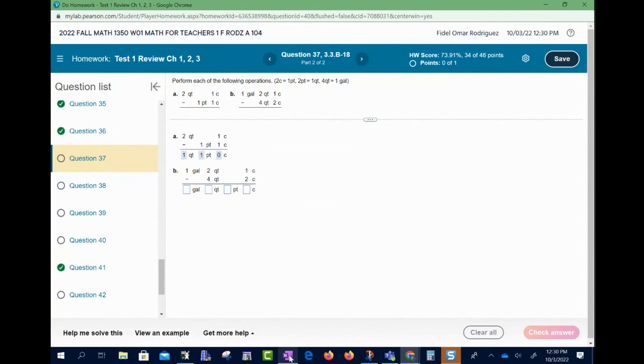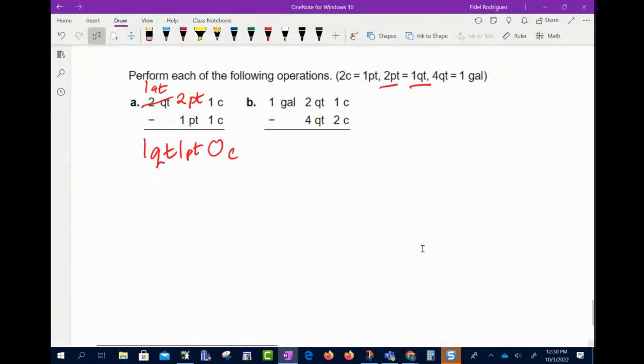All right, let's do the second one now. Let's see if we can do the second part. So again, I can't take away 2 cups when I only have 1. So I'm going to borrow from the quart here. Now I'm actually going to write it this way. Sorry, I just realized something. I got 1 gallon here.